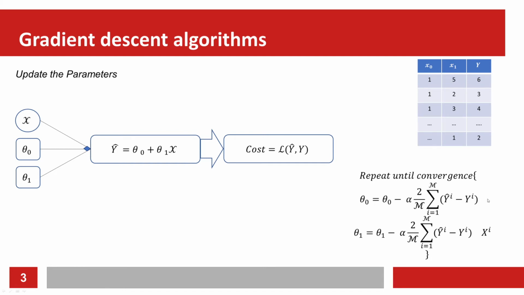Here it will be the same, but because it's multiplied by 1, x0, in this case we didn't add it. So the general equation is theta j equals theta j minus this term times x i j. I hope you understand. If not, I made a video with an example, you can see it.